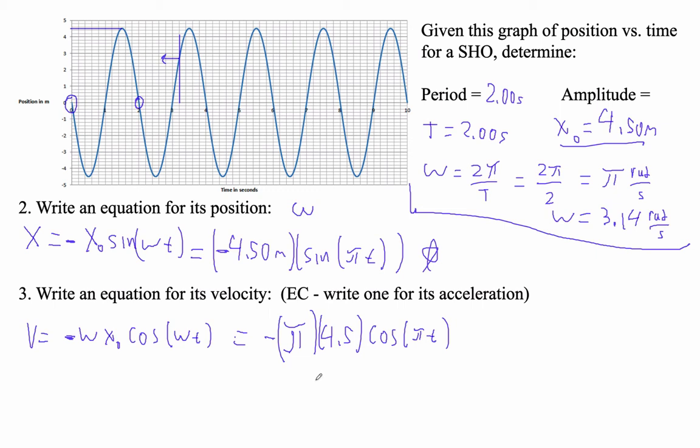This ends up being about 14.1, right? So we could say negative 14.1 cos pi times t. This isn't better, I'm just saying this is another way they might want you to write it. By the way, this is our omega x naught. This is our maximum velocity, right?